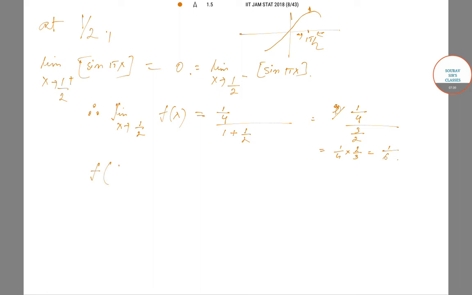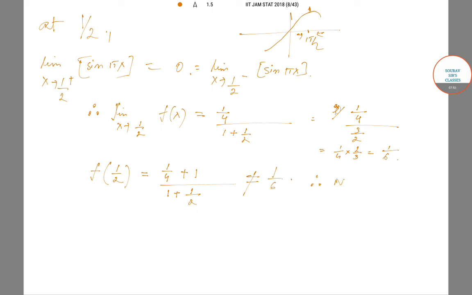And f of half, however, is 1 by 4 plus box of sine pi by 2, which is 1, by 1 plus half, which is not equal to 1 by 6.